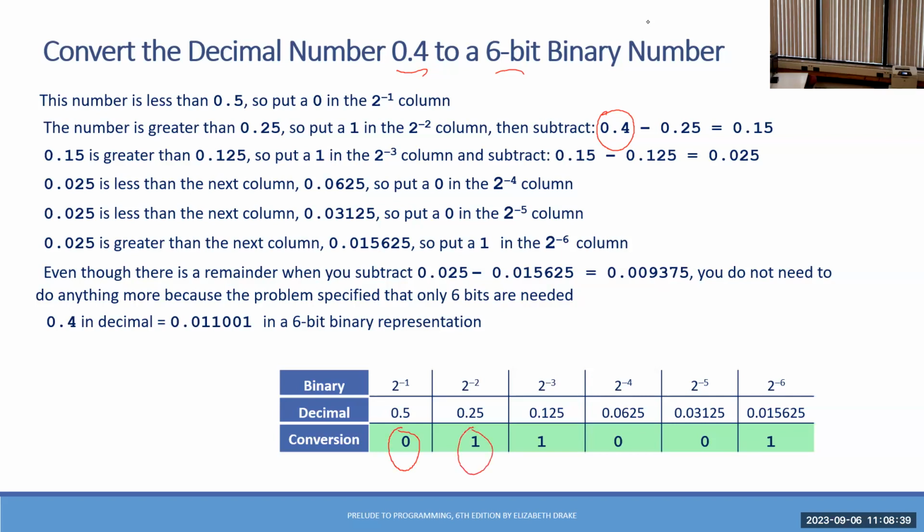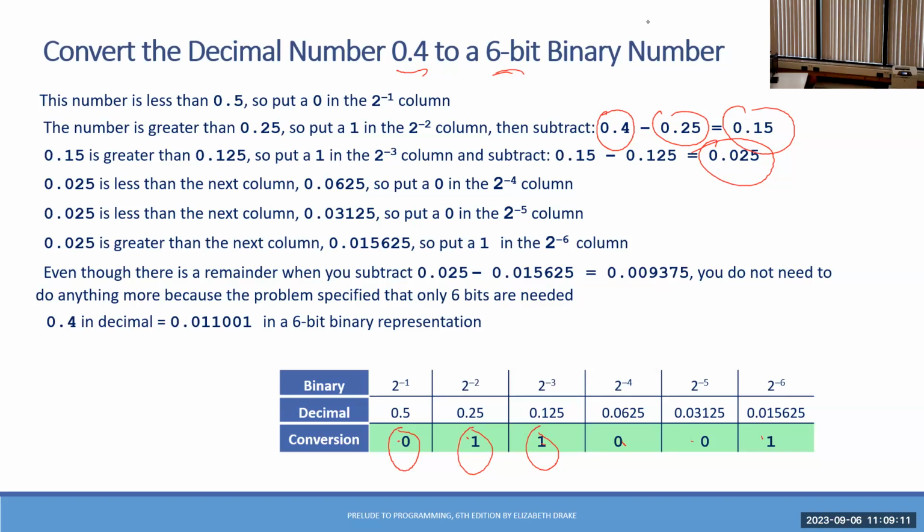So when I have the 0.25, I subtract it, I have the 0.15 left. In order to make up 0.15, I need 0.125 here, right? That's why I put number 1 here. So I minus it, I have this guy here. Now, in order to make up this one, I don't need this one, right? And so on. So on the process here you can see. And remember that you only need a 6-bit number here, so you have 1, 2, 3, 4, 5, 6. Right? Okay, that's the process.